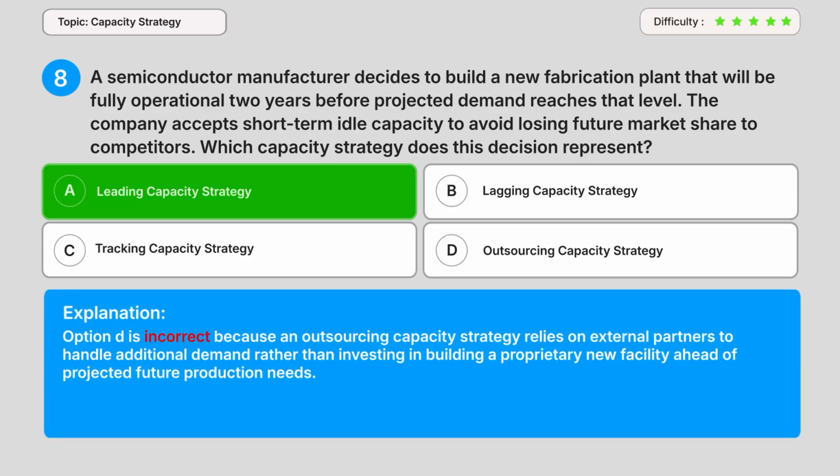Option D is incorrect because an outsourcing capacity strategy relies on external partners to handle additional demand, rather than investing in building a proprietary new facility ahead of projected future production needs.